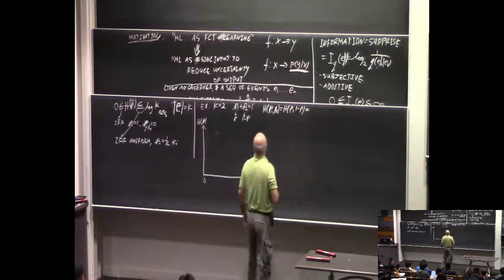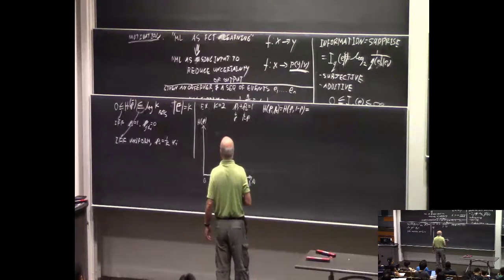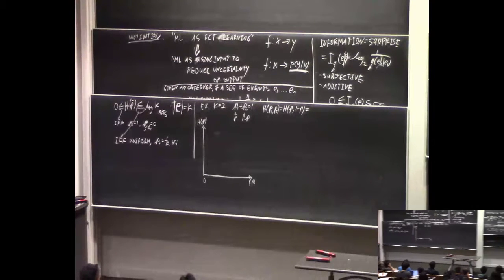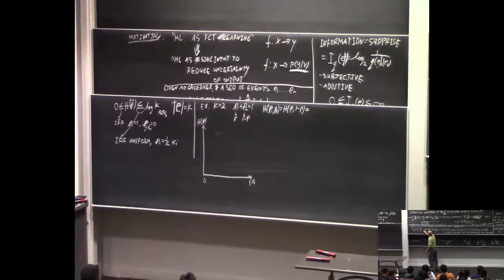Using the formula for entropy, which is right over here, you sum over all possible events the probability of the event times the information you get from that event.